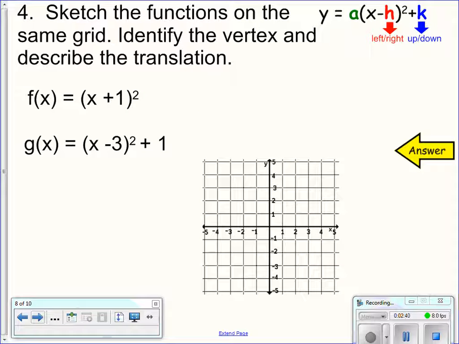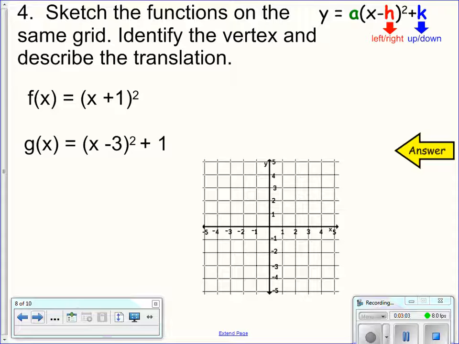All right, sketch the functions on the same grid and identify the vertex, describe the translation. So the first one we can see from our parent graph, y equals x squared, is going plus 1. So plus 1 means it's going left 1. The second one says we're going right 3 and plus 1.